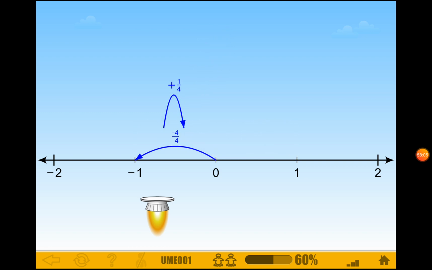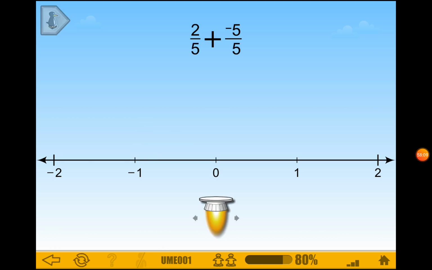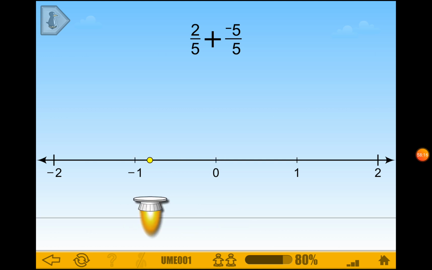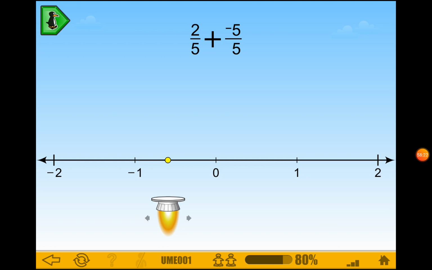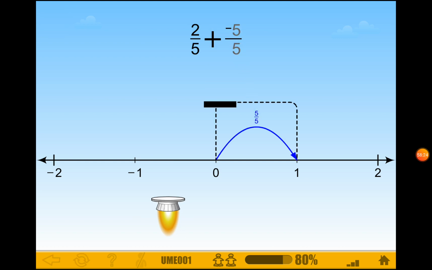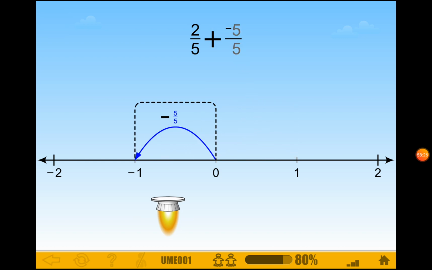Okay. So 2 minus 5 is negative 3, and then the denominator stays the same, so that'll be negative 3/5, which is right around, so 1, 2, 3, 4, so 3 is right here. Yep.